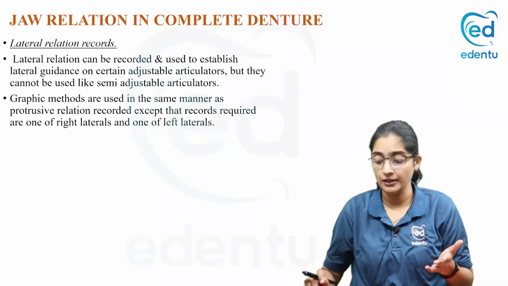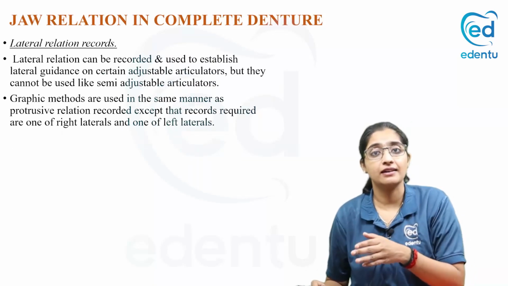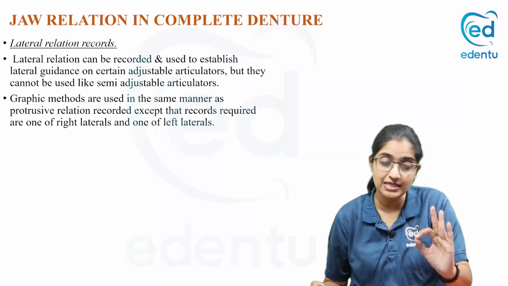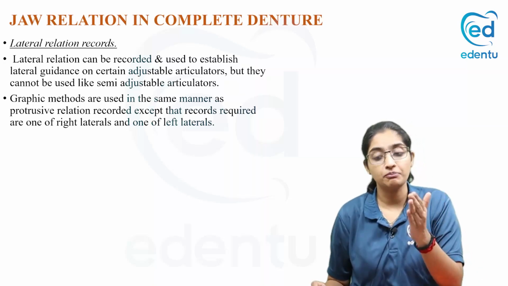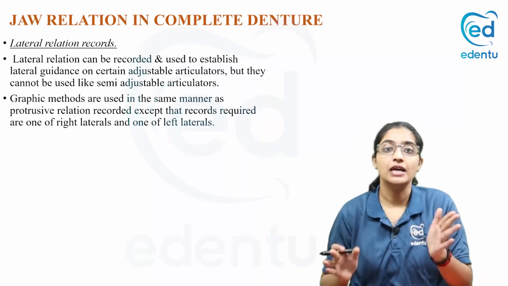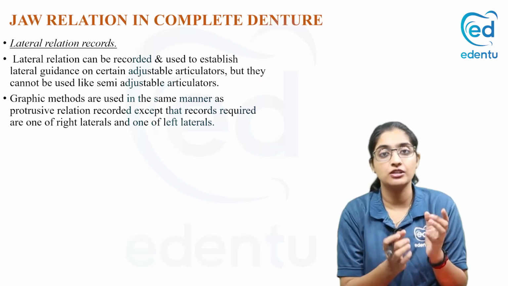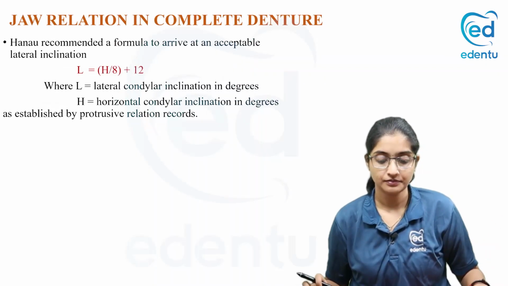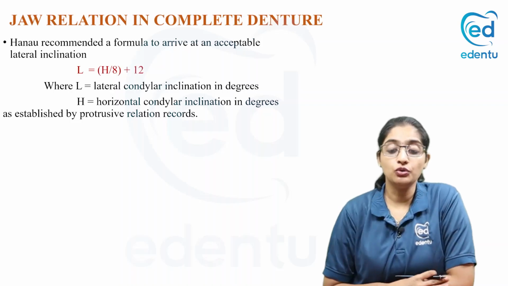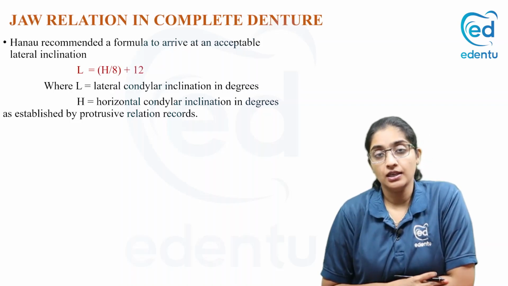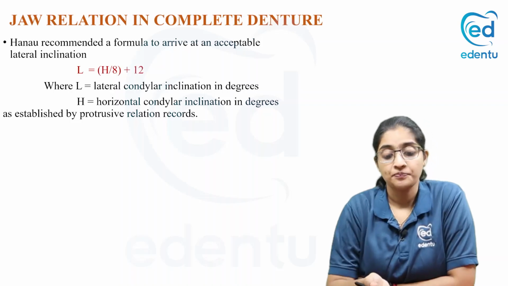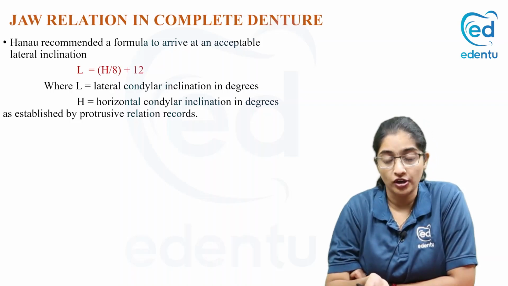In a similar way, your right lateral and your left lateral records can also be taken from the same tracing, because when you're moving to the right or to the left, the material is injected in the same way, held in place, and the records are made. Now, this gives your lateral condylar inclination and your horizontal condylar inclination.